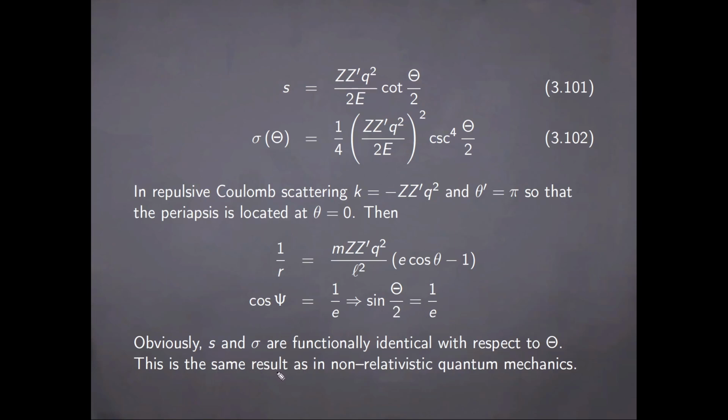And this is the same result as in non-relativistic quantum mechanics. The reason being that the cross-section is a statistical quantity. It is not related to the trajectory of a given particle, but rather to the probability that a particle will be scattered in an angle theta, and so this result is the same whether the underlying mechanics is classical or quantum in nature.